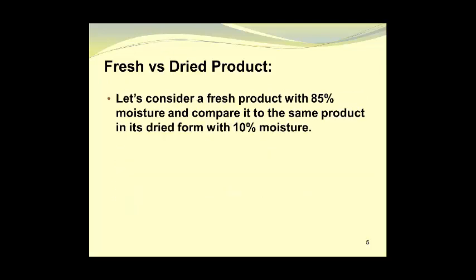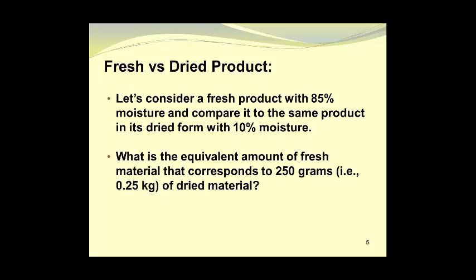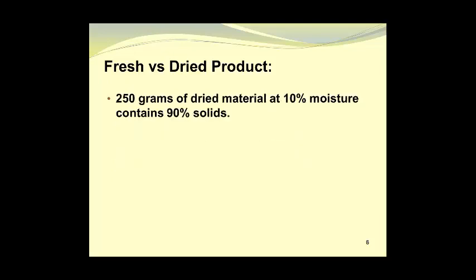Let's consider a fresh product with 85% moisture and compare it to the same product in its dried form with only 10% moisture. So we have to ask ourselves, what is the equivalent amount of fresh material that corresponds to 250 grams, i.e. a quarter of a kilogram, of the dried material?